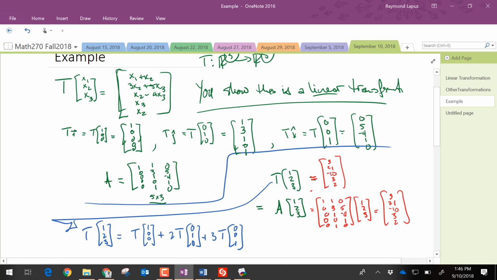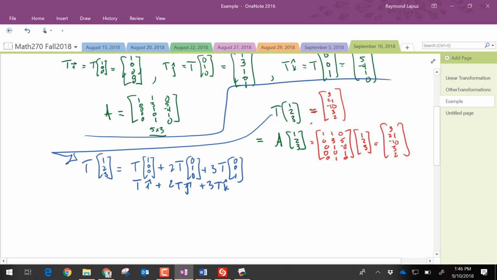Because it is a linear transformation, we can take this 1, 2, 3 and break it up into 3 different vectors. 1, 2, 3 is really just a linear combination of your i, j, and k. So Ti plus 2Tj plus 3Tk. Because it's a linear combination, it just splits up like that. And that's how you can make the relationship between that and the matrix and how that splits up. The matrix also represents a linear transformation.